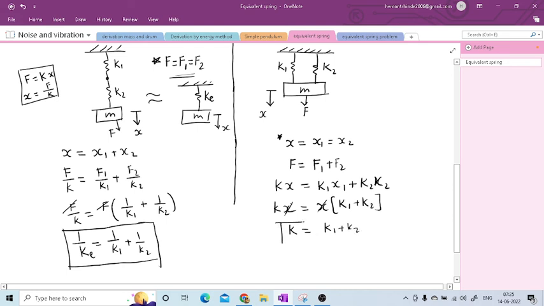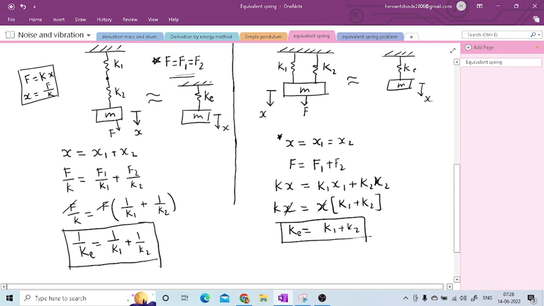Now this K is nothing but the equivalent spring stiffness, so here I will write KE. Now we can replace this given system with a single spring. This is the single spring and this one is the mass, and this single spring stiffness is KE.